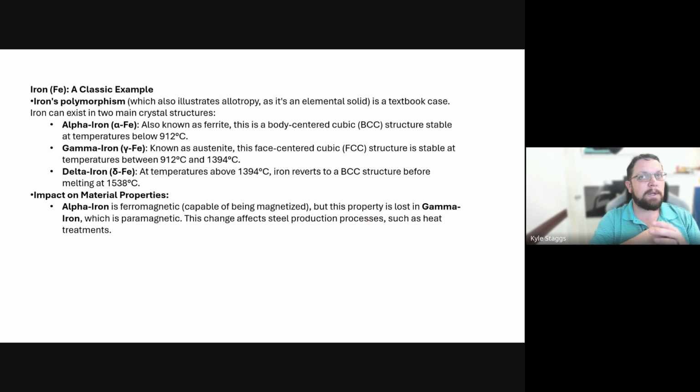So this changes some of the production processes, such as heat treatment, and you can't really heat magnets. When you do, they have all sorts of deleterious effects. So alpha iron is pretty important.